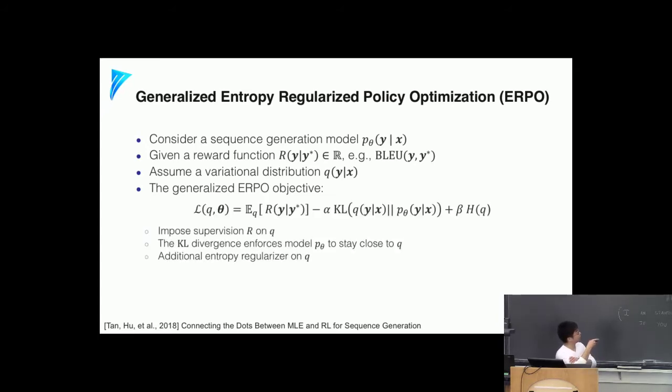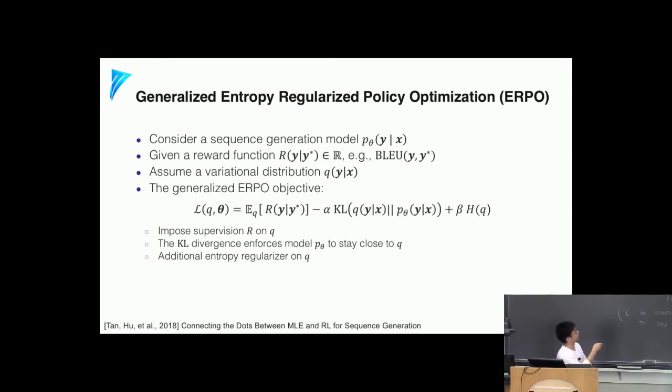Here we can see we impose the supervision, the reward function, on this variational distribution Q, right? And the KL divergence encourages the model P theta to stay close to this variational distribution. So these first two terms are indeed the standard variational principle objective.